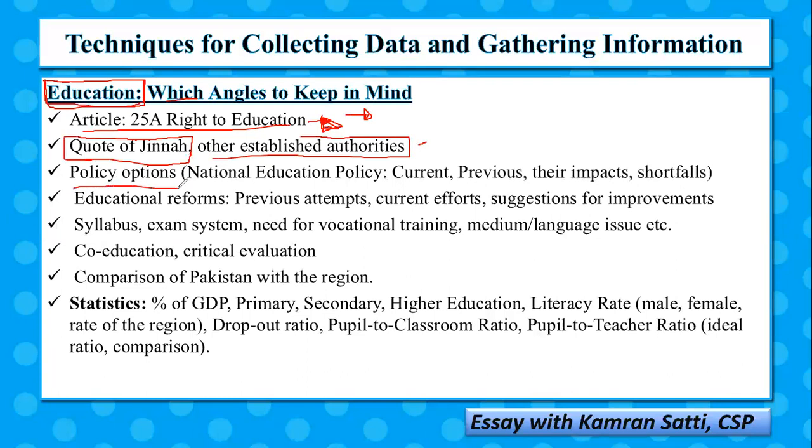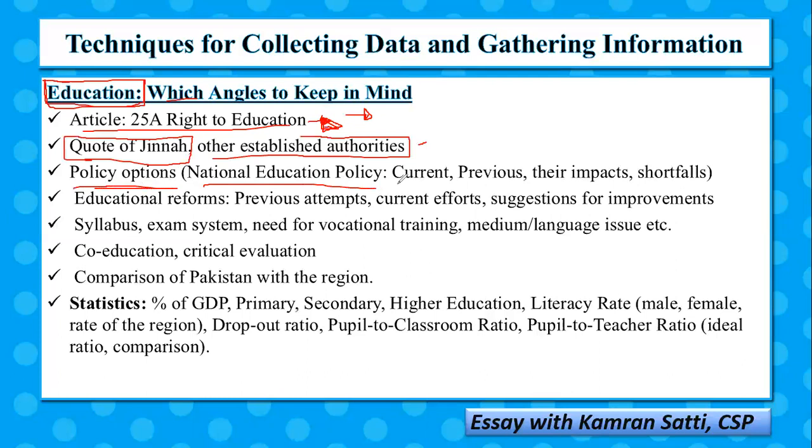Then policy options. Remember, whenever you research a topic area, the first thing you should gather information about is the policy options. For example, in education, the government develops a national education policy. Various policies have been made in the past, and currently there is a national education policy which the government is thinking about revising.